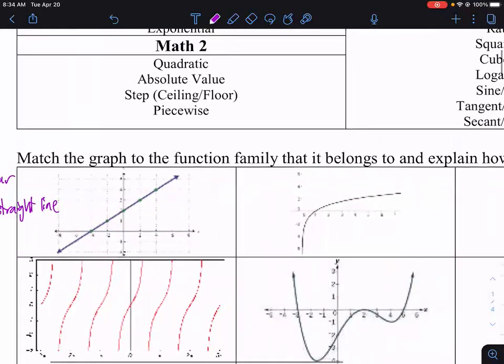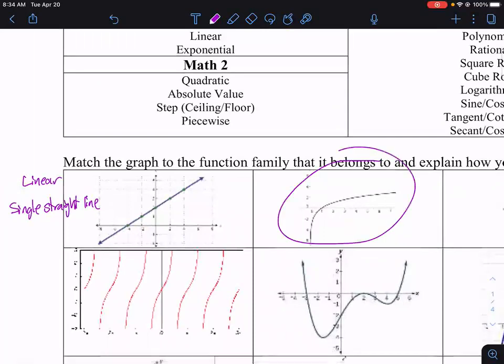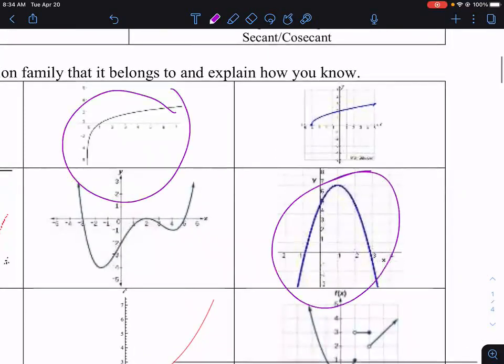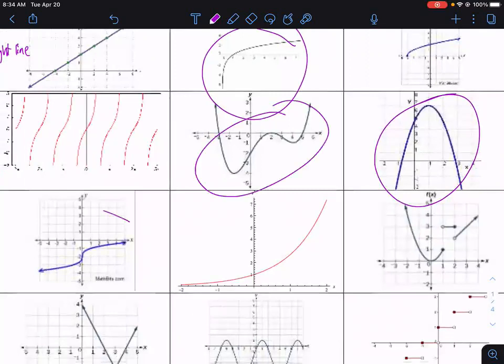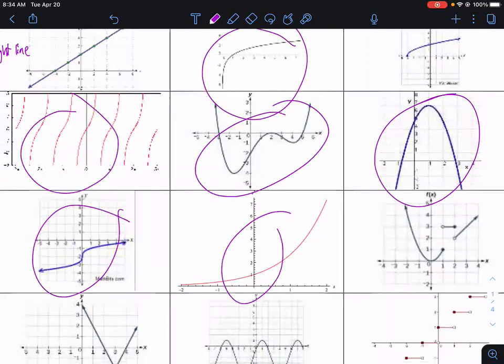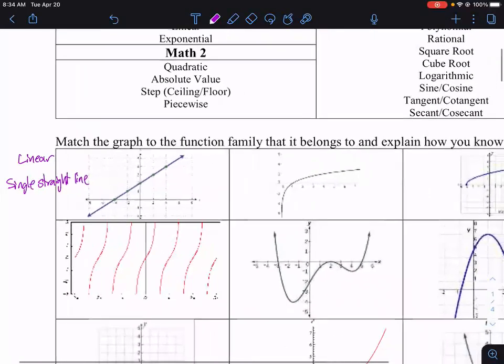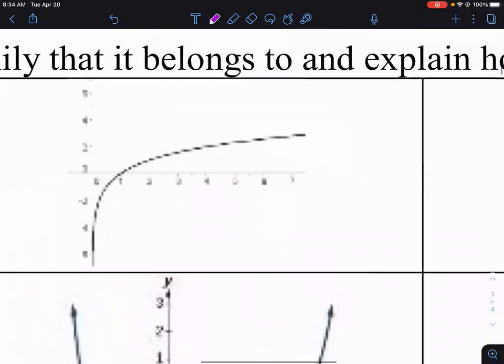Okay, however, this second graph, you cannot just say, oh, this is a curved graph, because we have a lot of different curved graphs, right? This is curved, this is curved, this has a bunch of curves. So here we can't just simply say it's a curved graph. Okay, so what type of function is this?